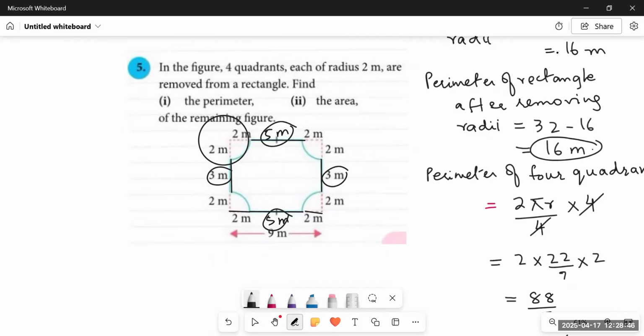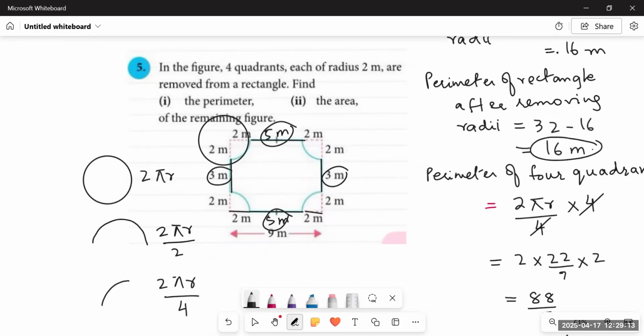If we are only provided with a quadrant, then 2 pi r has to be divided by 4 to find the circumference of that. If we have to find the circumference of a semicircle, we have already talked about it earlier, it would be 2 pi r upon 2, right? And if only a quarter part is given, it would be 2 pi r upon 4.